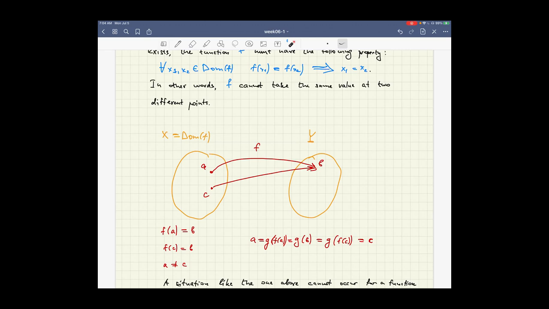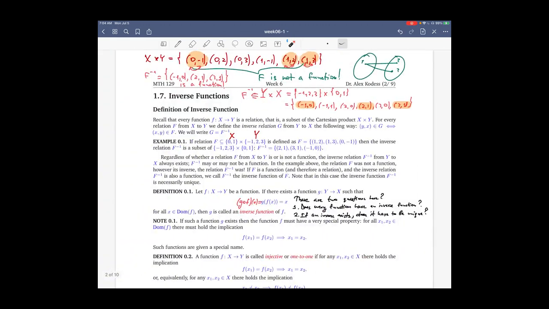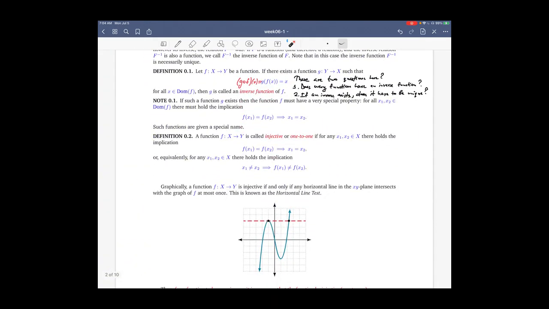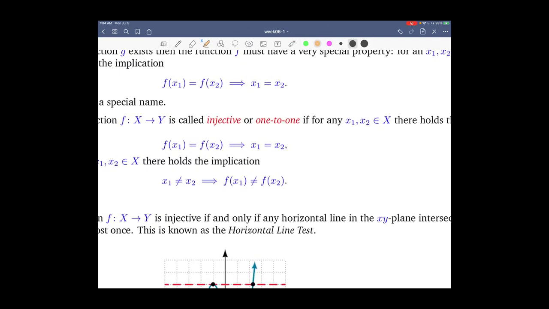This condition is necessary for a function to have an inverse. If this condition is not met, our function has no inverse. Functions like this have a special name. They're called injective or one-to-one.